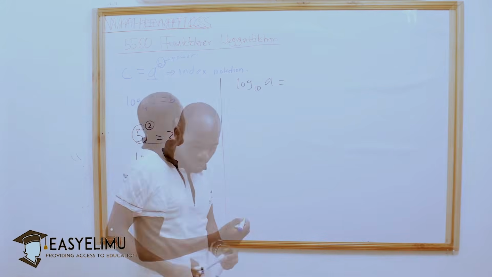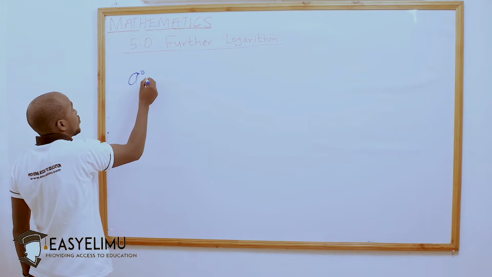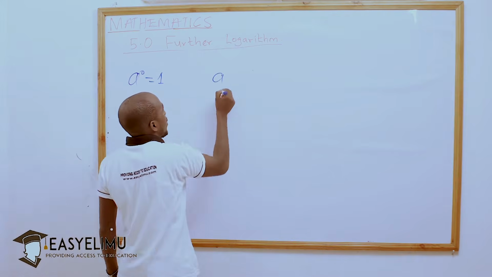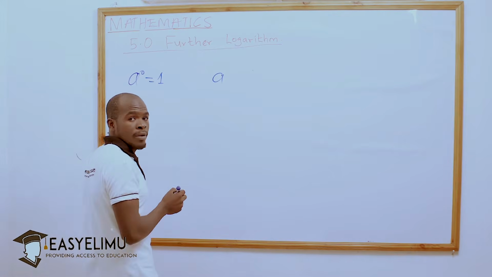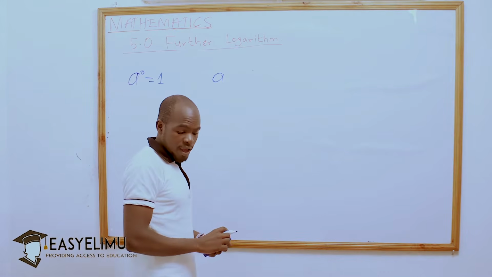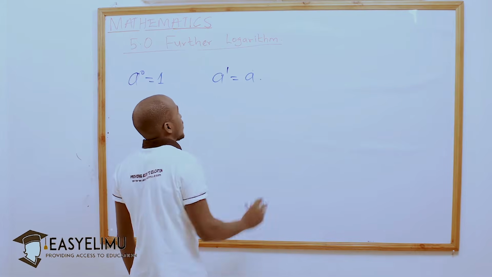Note that from index notation, any number raised to 0 is equal to 1. And if you have a number and you raise it to 1, you will still get that number.